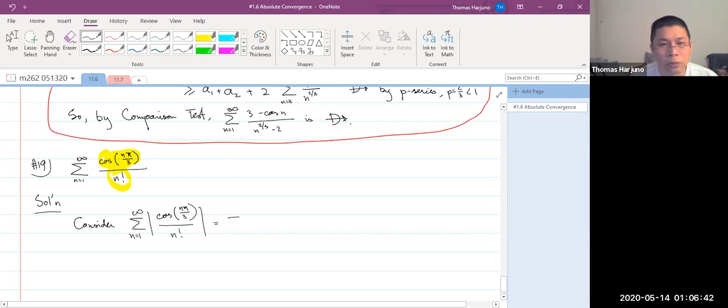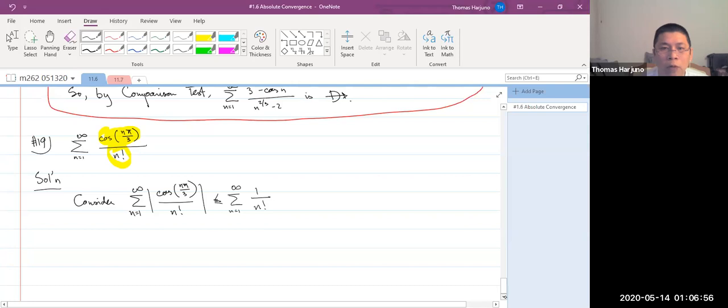This is less than or equal to the sum from 1 to infinity of 1 over n factorial. Then I will use the ratio test for that one.